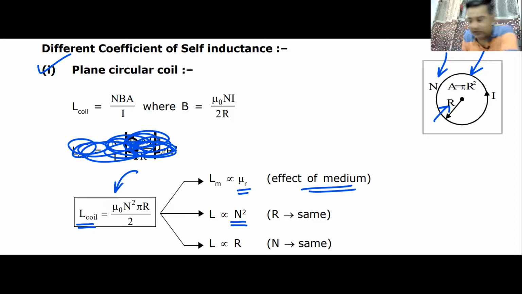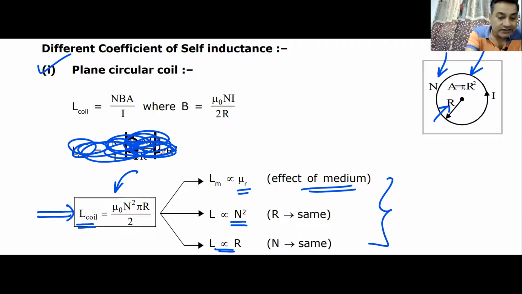If you make the number of turns twice, inductance will become 4 times. It is directly proportional to the radius. If you make the radius more, the inductance will change. Please remember these formulae and these points. All the questions are based on these two things: the self-inductance of a plain circular coil.